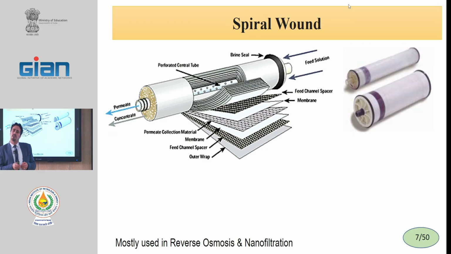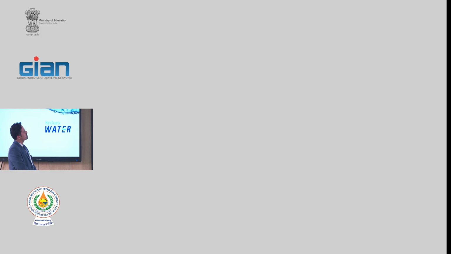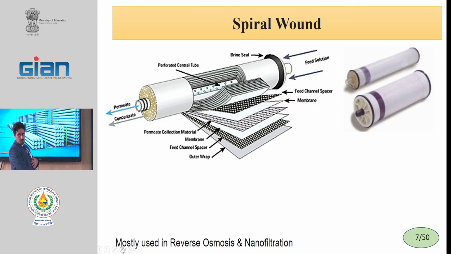We first prepare an envelope, and after that roll and wind it around the tube. There are many videos on YouTube.